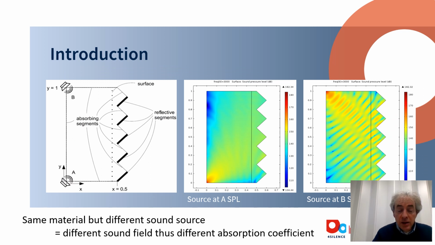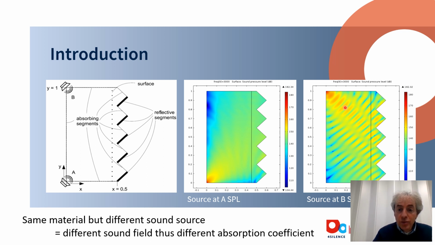So here you can see the sound pressure level on the louver door for 2 sound sources. If the source is at the left bottom corner, you see the sound pressure level shown in the middle figure. And if the source is on the left top corner, you see the sound pressure level shown in the right figure. Clearly they're different.